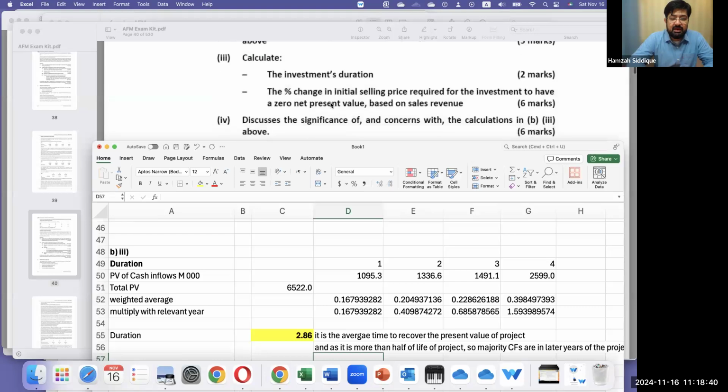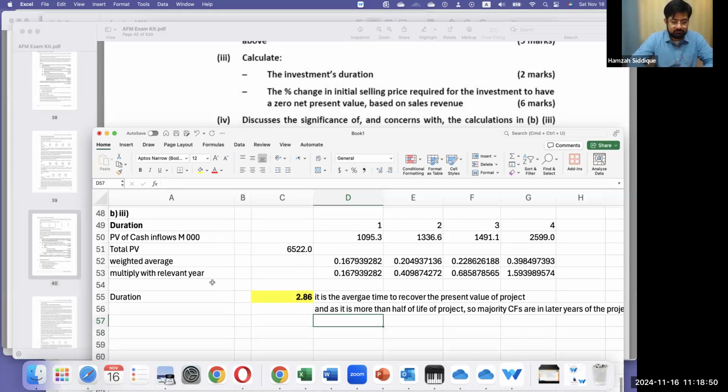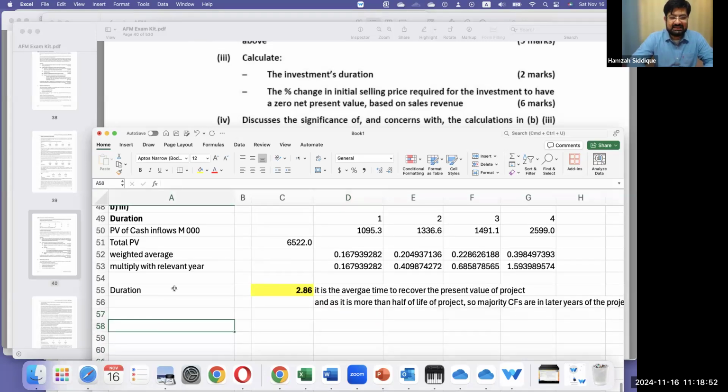Next, the next part is the percentage change in selling price. Sensitivity.